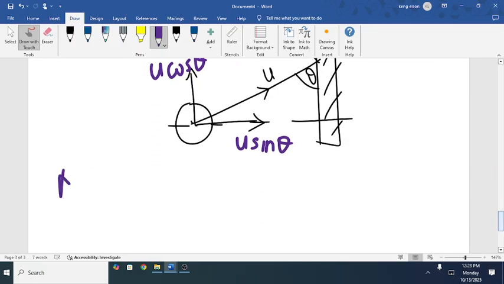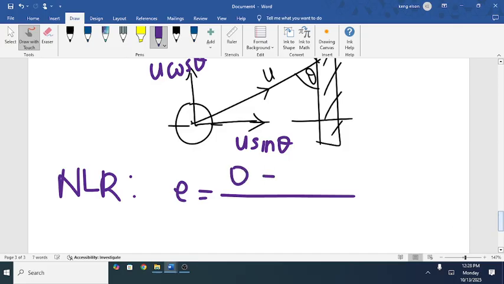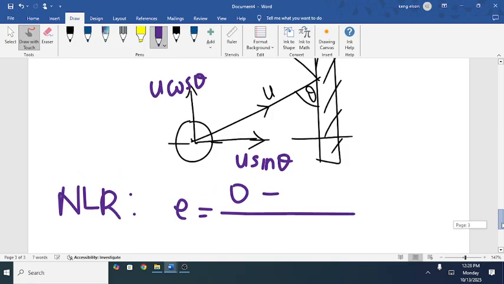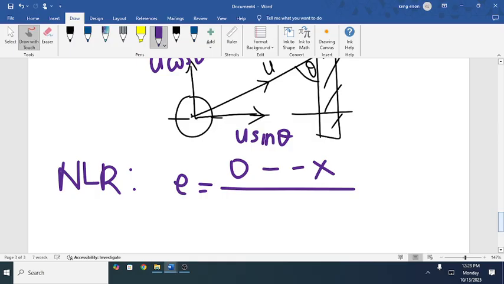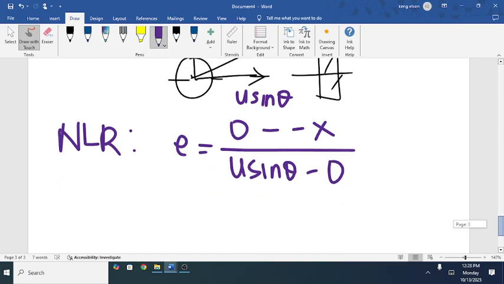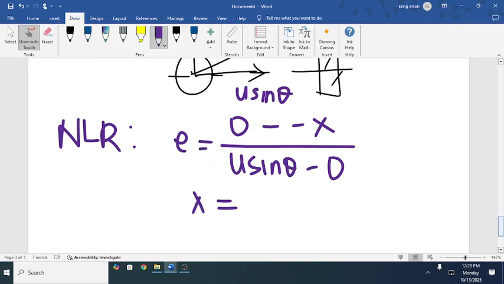If we use Newton's law of restitution, we have e equal to the velocity of separation over the velocity of approach. So v of the wall minus the v of the particle, which is now negative x, divided by u of the particle, which is u sine theta, minus u of the wall. So what is x? x is going to give us e u sine theta.